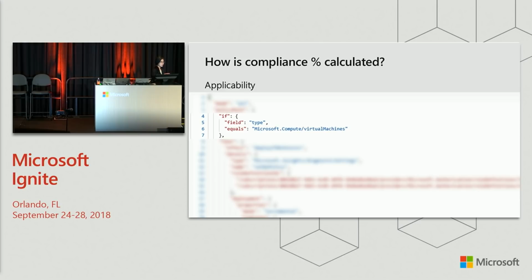So we do the real evaluation of your policy, but we also do what we call applicability evaluation, where we will ignore everything that's in your policy definition except for the type field. And so in this example, if the resource that came through is type equals virtual machine, then it's applicable. If the resource that went through does not meet type equals virtual machine, then it is not applicable.